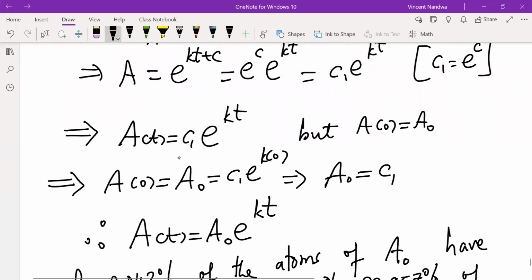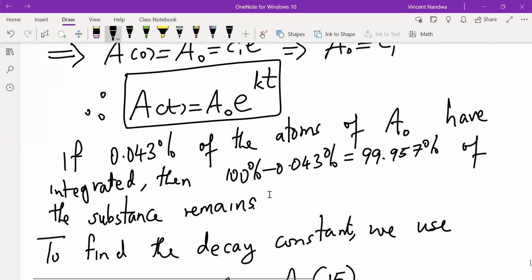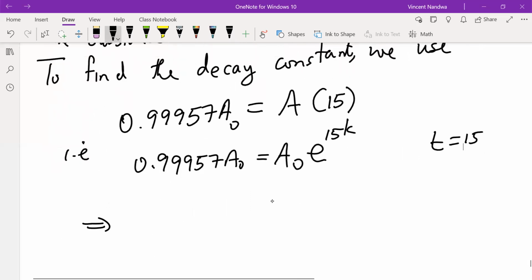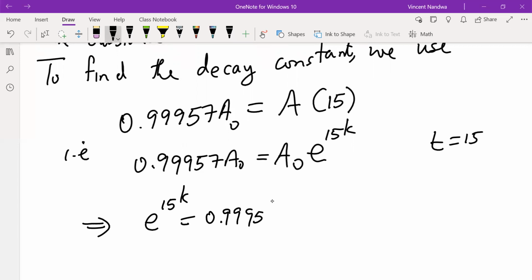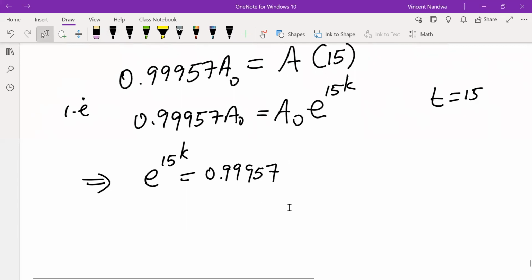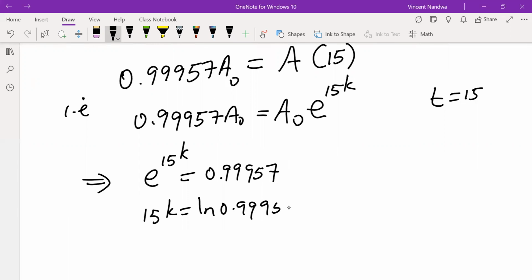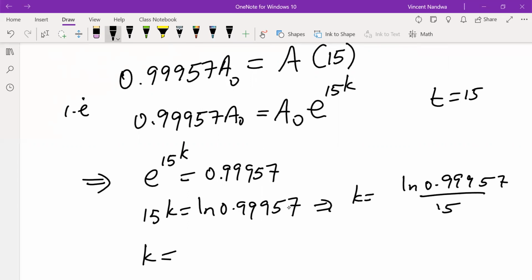So I'm replacing those values in this solution. This implies e raised power 15k is 0.99957. So ln on both sides gives us 15k equals ln of 0.99957, which gives k to be ln of 0.99957 over 15.